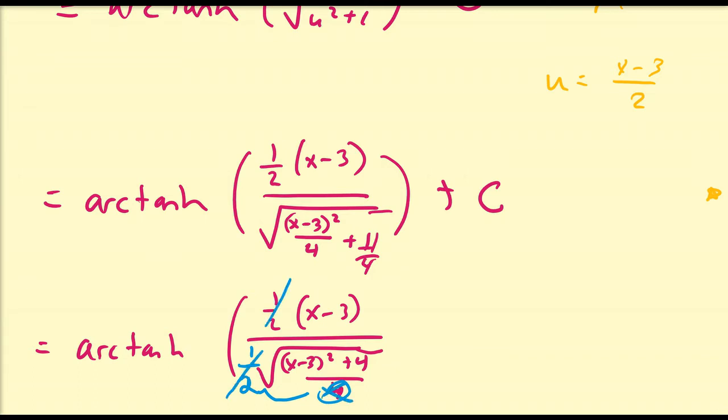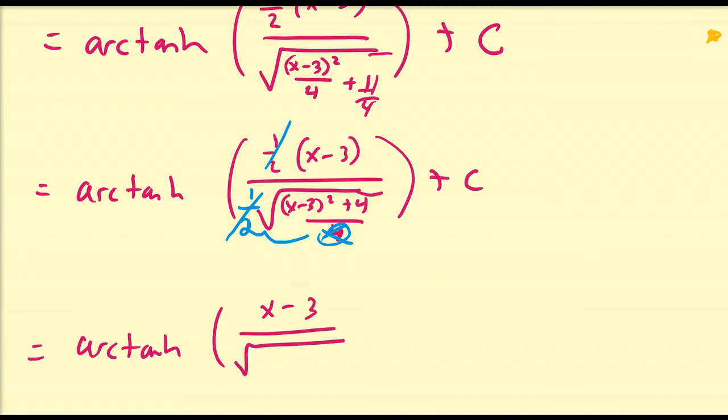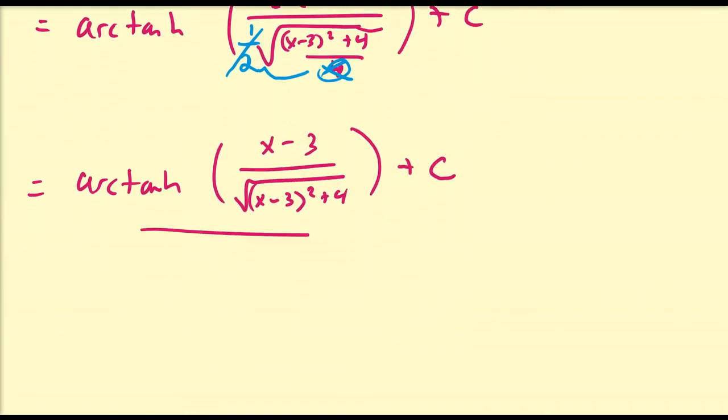And that 1/2 and that 1/2 are going to cancel out with each other. So this is going to be equal to the arc hyperbolic tangent of x minus 3 all over the square root of x minus 3 squared plus 4, plus c. And we can probably stop there if we want.